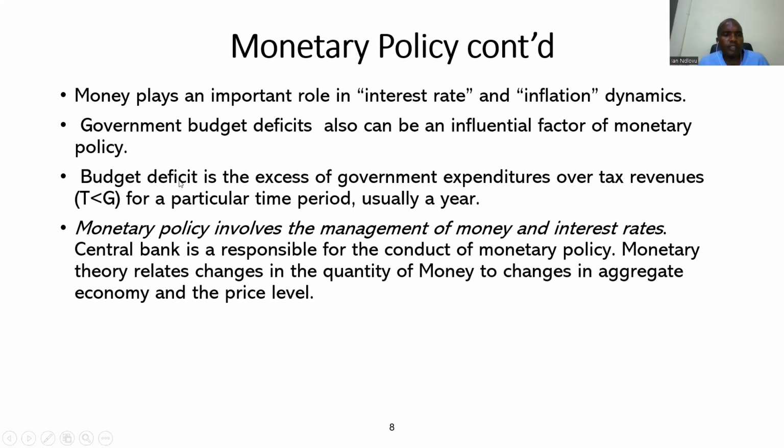So back to bullet point number 3. You can see that a budget surplus is a situation where government expenditure is less than tax revenue. And the budget balance is a situation where tax revenue is equal to government expenditure.